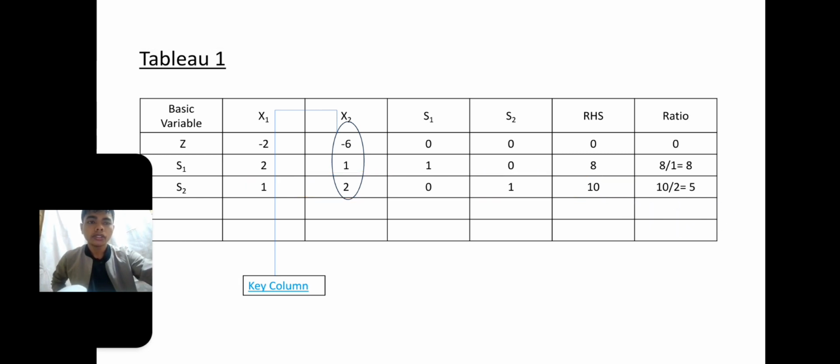So looking at the ratio, you should look for the smallest amount and use it as a key row. As you can see, the 5 is the smallest, so we should use it as a key row.